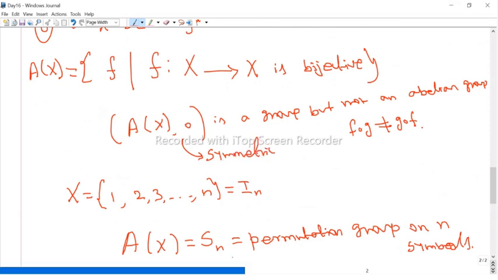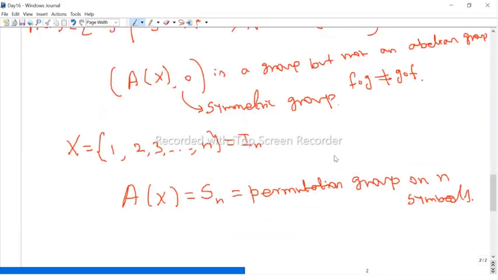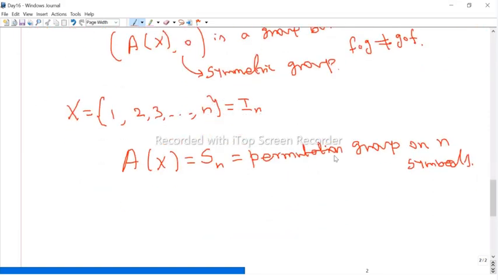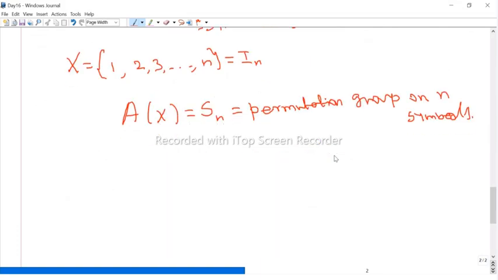Sn also is sometimes called that, because it is a special case. In general, the set of all bijective functions from X to X forms a group, and that group is called a symmetric group. If you take a finite set, it is called a permutation group, sometimes called the symmetric group on n symbols.